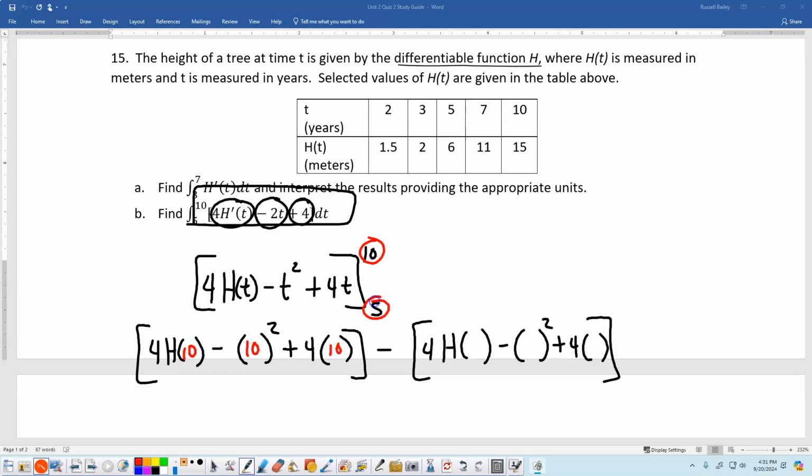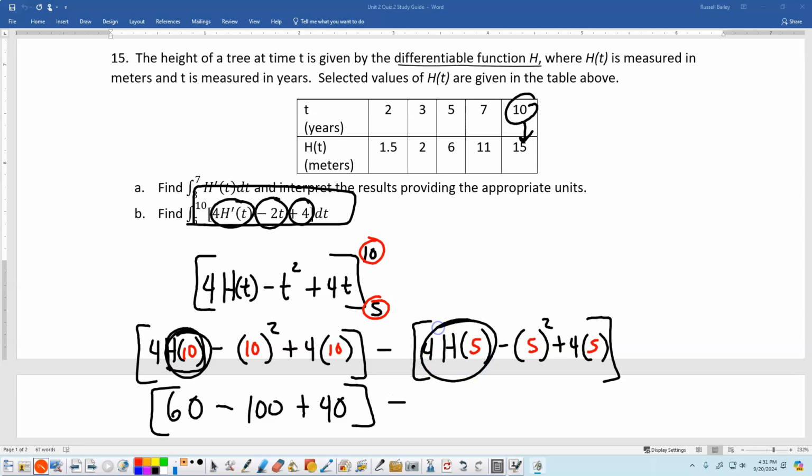For the second set, we plug in the bottom number. Then we're going to start simplifying. So let's start here with h of 10. h of 10 is 15. So this is 15 times 4, which is 60. 10 to the 2nd power is 100, and 4 times 10 is 40.